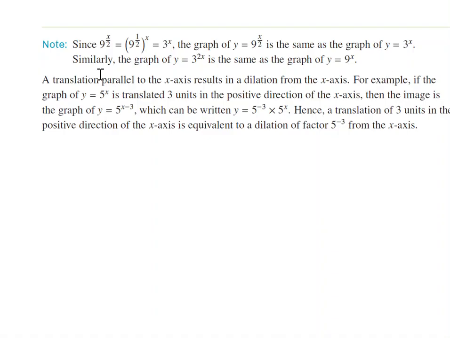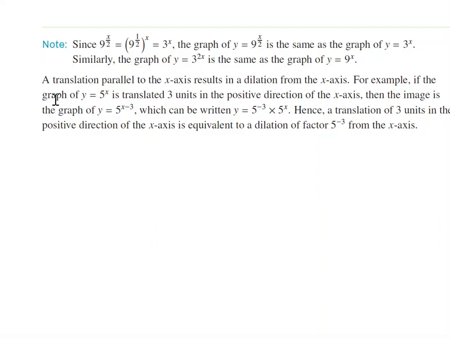Since the graph 9 to the x on 2 is actually 9 to the half times x, well, 9 to the half, the square root of 9, is 3, so that's 3 to the x. So the graph y equals 9 to the x on 2 is the same as the graph y equals 3 to the x. Similarly, the graph of y equals 3 to the 2x is the same as 9 to the x, since 3 squared is 9. So just using your index laws.